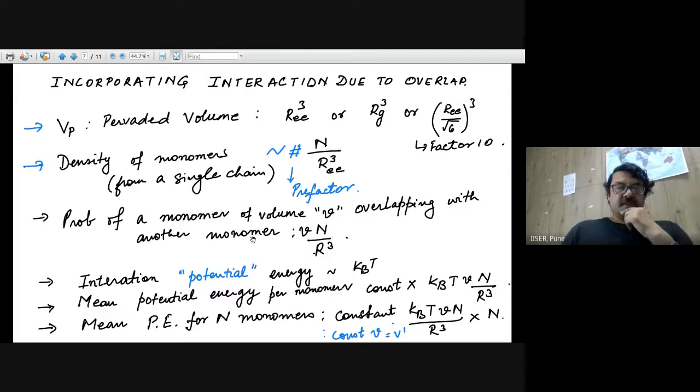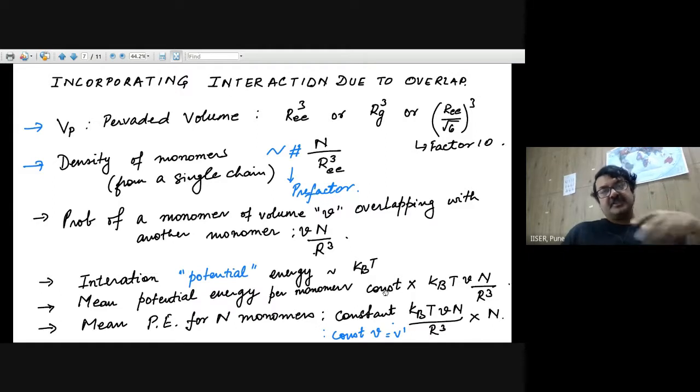What I wanted to say here is that the probability is proportional to v n by r cube. The mean potential energy per monomer will be proportional to some constant times kBT times v n by r cube.